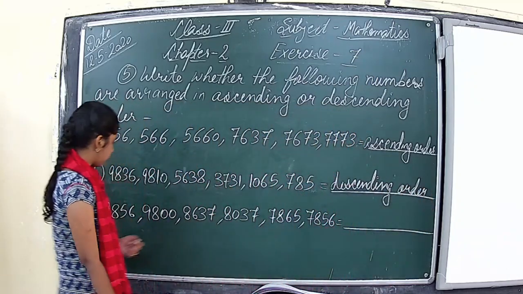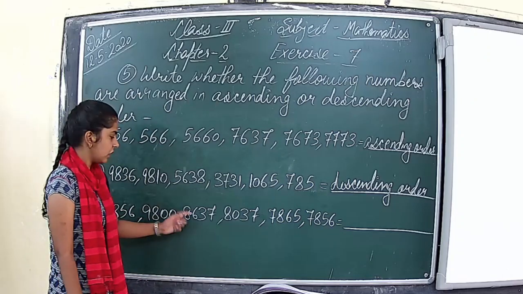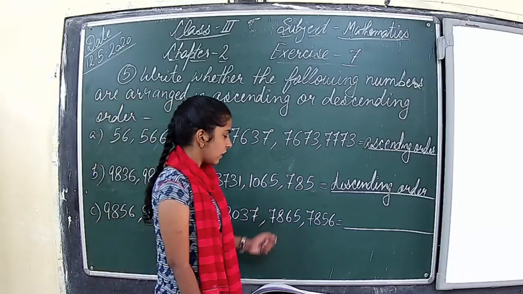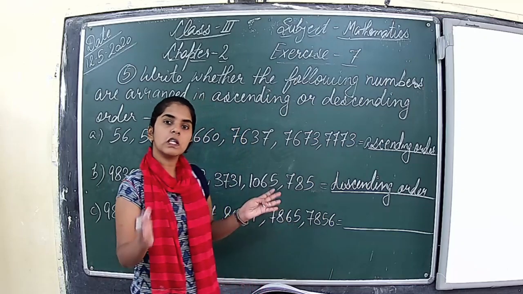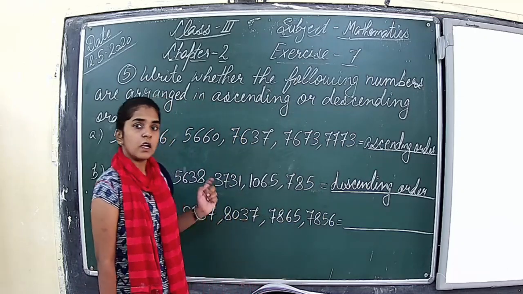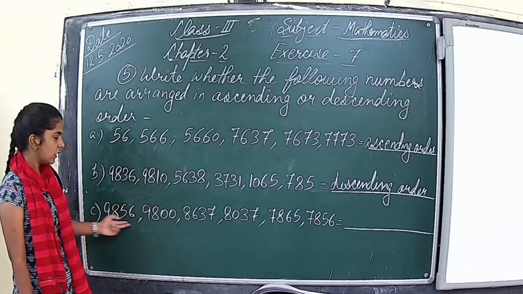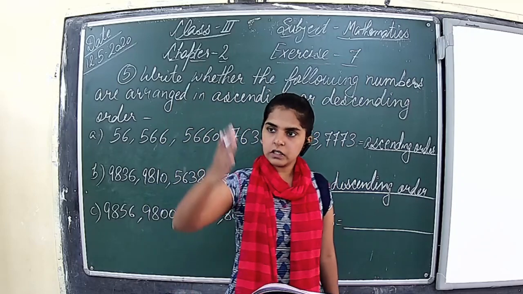Okay, next one. 9856, 9800, 8637, 8037, 7865, 7856. You can see here also numbers are decreasing, right? 9000, 8000, 7000, 9, 8, 7.